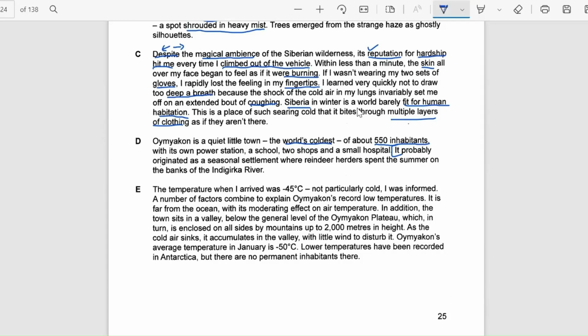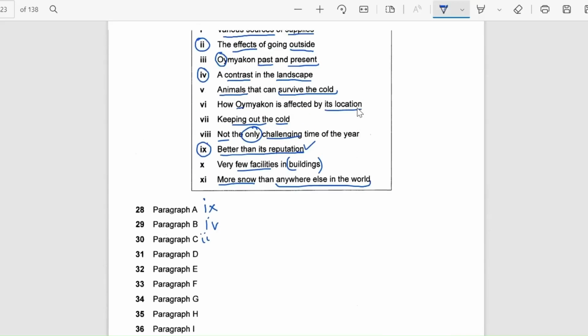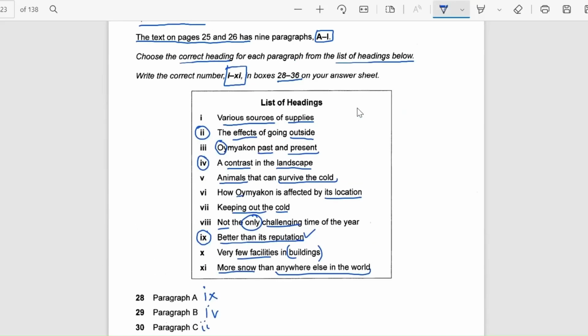So today they have shops, school, power station, and a hospital, but it started as a seasonal settlement where reindeer herders spent their summers on the bank of a particular river. Okay, so this shows me that yes, something about past and present is being talked about. So I may want to consider this. Now let me go to other options also. Animal surviving, not talked about. Location, not talked about.